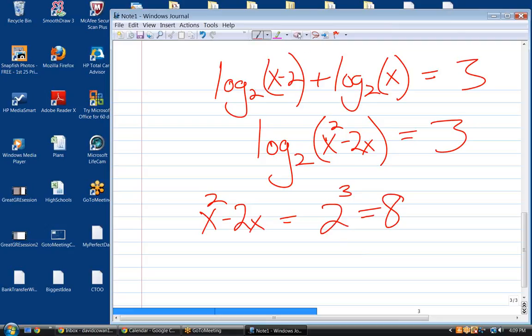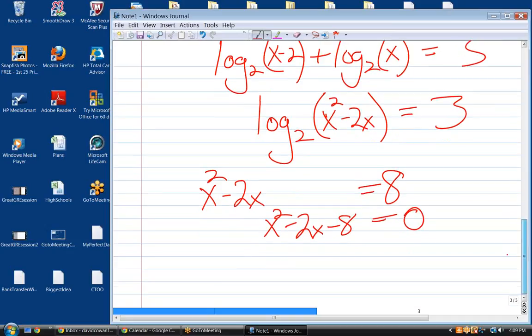And now, how do I solve that? You subtract 8, so it's x squared minus 2x minus 8 equals 0. And then, the standard quadratic that you can factor.